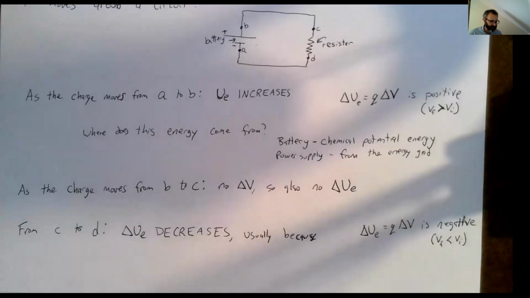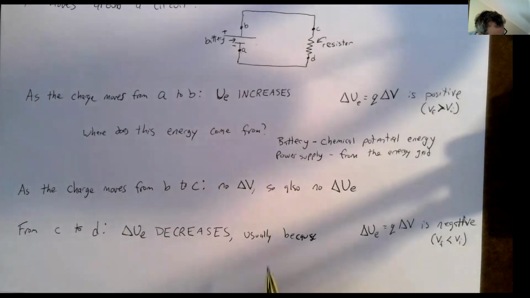And why that happens is because, and again, an oversimplification, the charge is going to collide with atoms in the resistor, and the energy of that charge is going to get transferred into atoms in the resistor, and it'll become basically internal energy or heat inside the resistor.